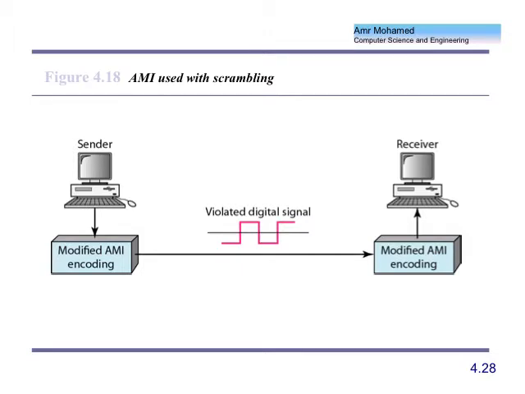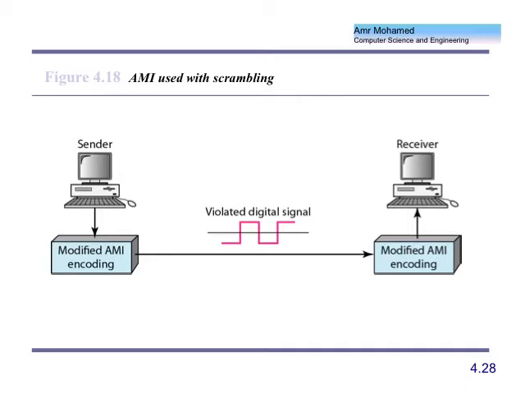Okay, so scrambling tries to complement the line coding schemes that have problems in synchronization. Particularly AMI, which seems to be attractive from the bandwidth point of view and seems to have no DC component, but it has this consecutive 0 problem, which causes lack of synchronization.